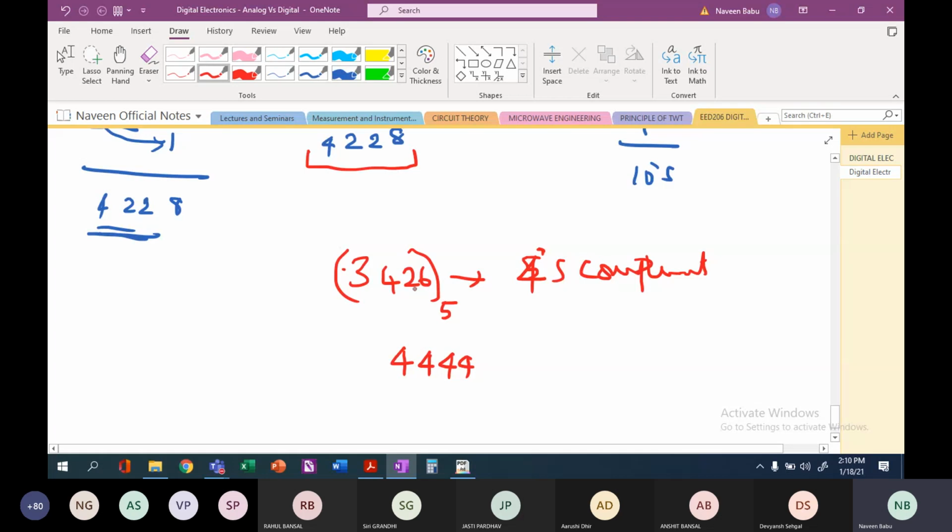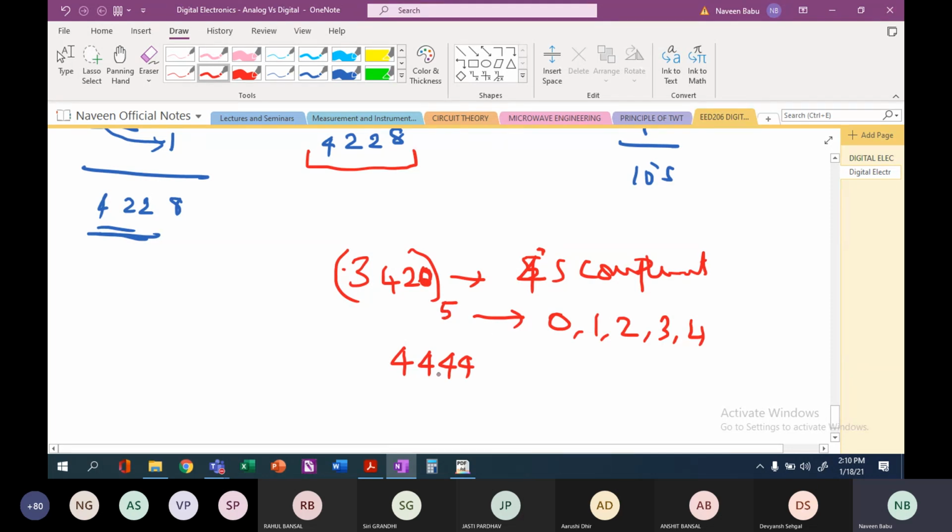The mistake here is you will not have 6 here. Okay, say let us consider 0. Why you will not have 6? Because with a number with base 5, the symbols that are possible are 0, 1, 2, 3 and 4. These are the symbols that are possible. So if you have 6, then it is not at all corresponding to base 5.